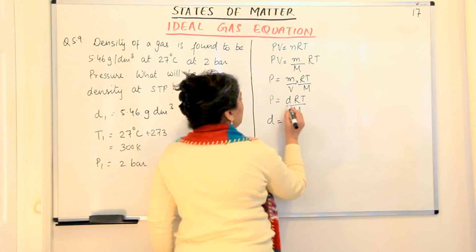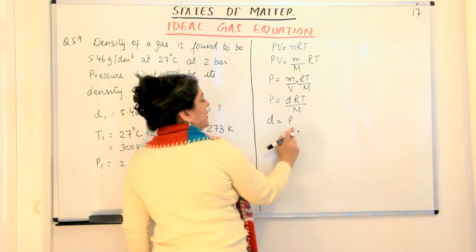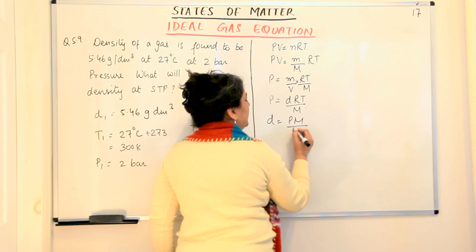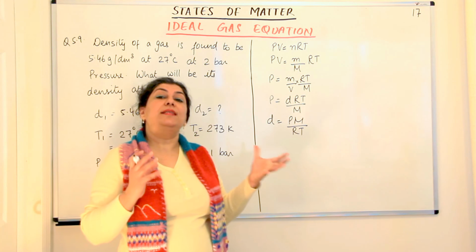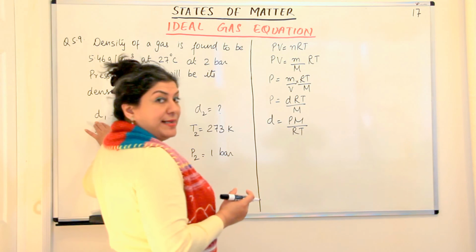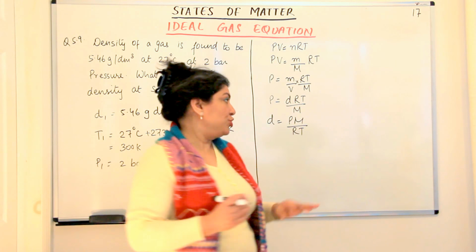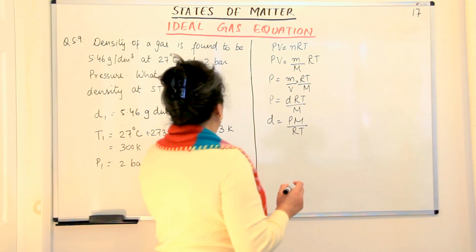Density would be equal to P. Now we're keeping density here and moving everything else on the other side. So P remains where it is, M goes up and RT comes down. So this is the relationship for density that we get from the ideal gas equation. And we have been given one density and we are expected to find out the density under a different situation. So let us now use this formula and apply these.